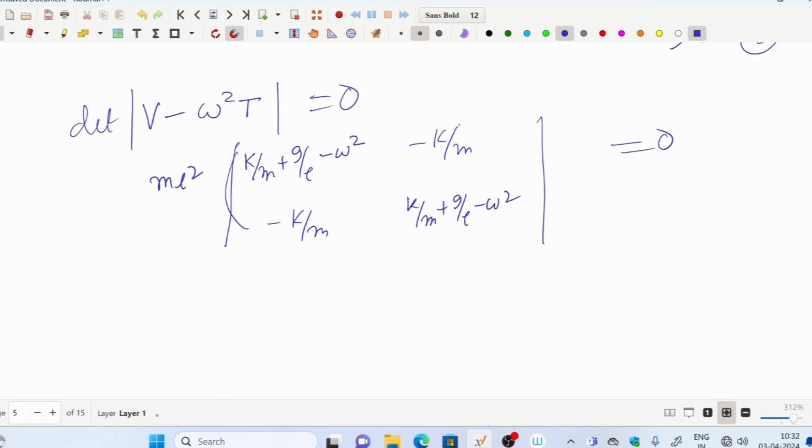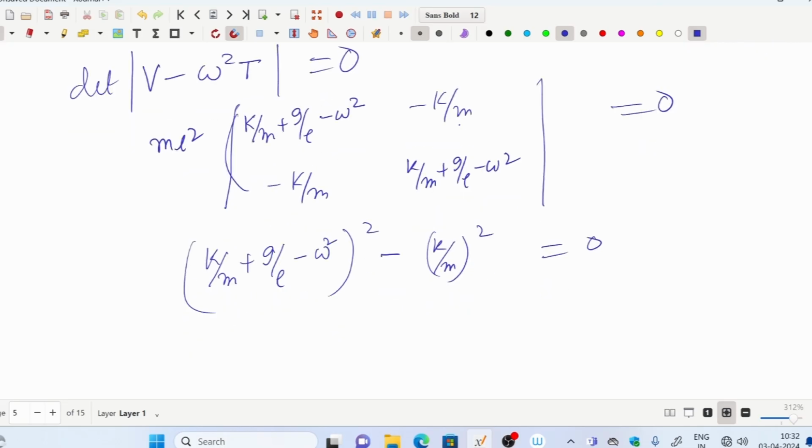You can immediately find that (k by m plus g by l minus omega square) whole square minus (k by m) whole square equal to 0, this determinant.